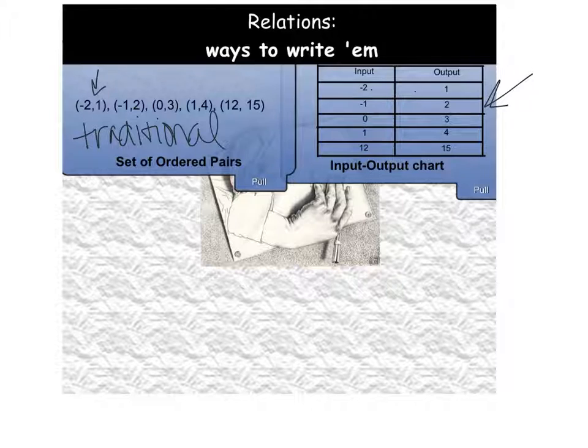Remember that an input is just simply the first number in an ordered pair, and an output is simply the second number. So -2 is the input, 1 is the output. -1 is the input, 2 is the output. It's just another way to write ordered pairs. So we might see these ordered pairs written very traditionally, but we might also see them in chart form.